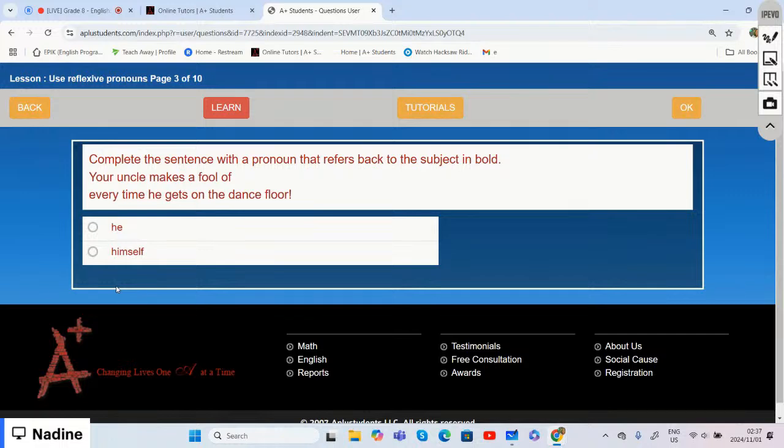And if we were to select the correct option, remember once again, our reflexive pronoun needs to refer back to our subject, whether it is a singular subject or a plural subject.